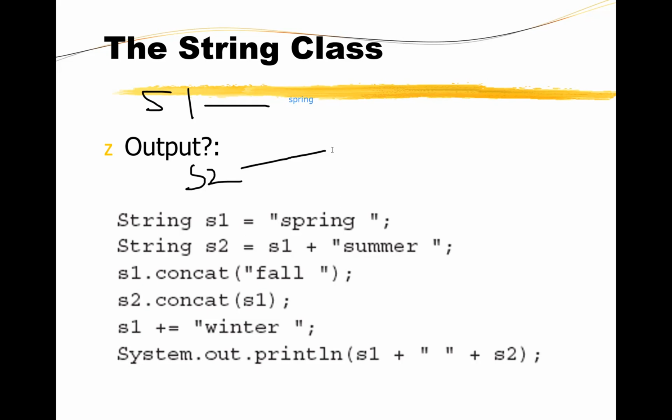Therefore, it will create a new one, spring summer. And S1 dot concat 4: now a new object gets created, but no reference updated. S2 dot concat S1, a new object is created. S2 is referring to spring summer.